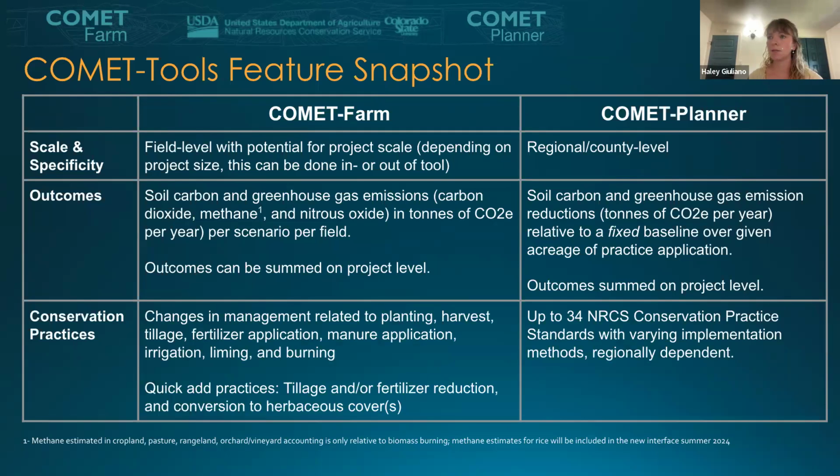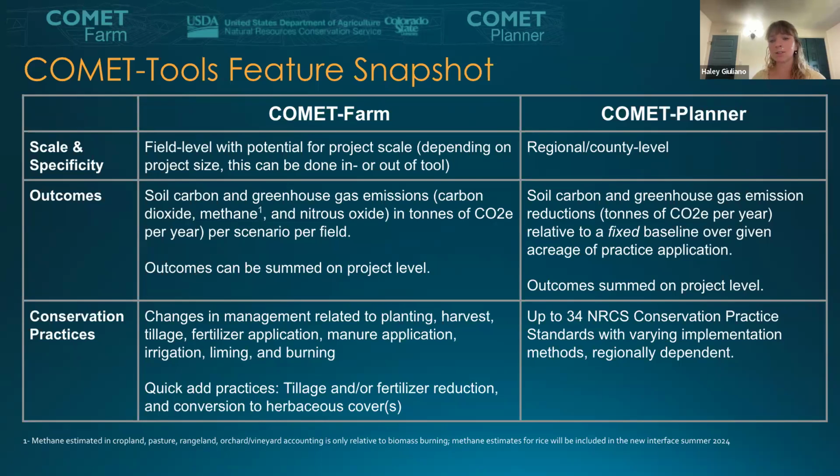And then conservation practices that are included in COMET Farm. We're going to look in detail at how to create those projects in COMET Farm. However, you as the user are at liberty to make specific changes that are available in COMET Farm, which we'll look at. And these can be related to planting, harvest, tillage, other planting implements, fertilizer, manure applications, irrigation changes, liming changes, burning changes.